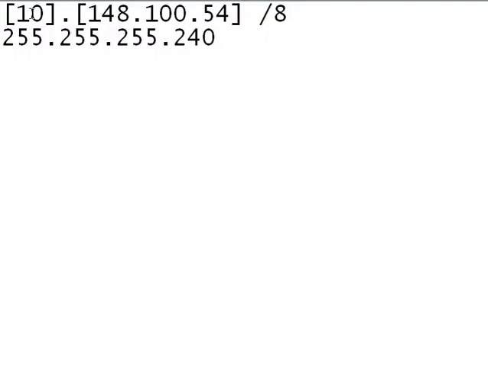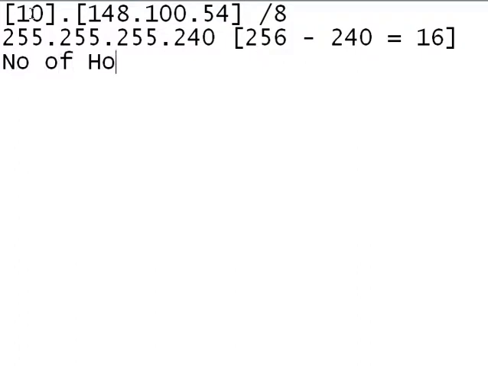Let's calculate from the magic number: 256 minus 240 is 16. That means it is a block size of 16. So the number of hosts, that means the number of valid IP addresses in this network, is 16 minus 2, 14.